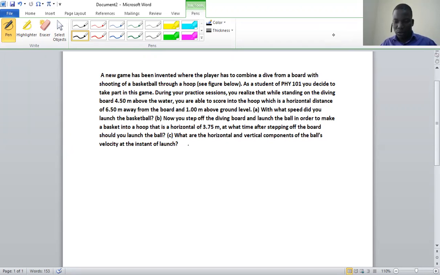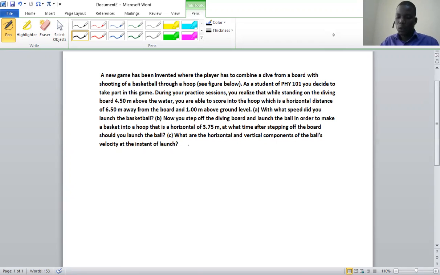During your practice session, you realize that while standing on the diving board 4.5 meters above the water, you are able to score into the hoop with a horizontal distance of 6.5 meters away from the board and 1 meter above ground level. Question A says, with what speed did you launch the basketball?